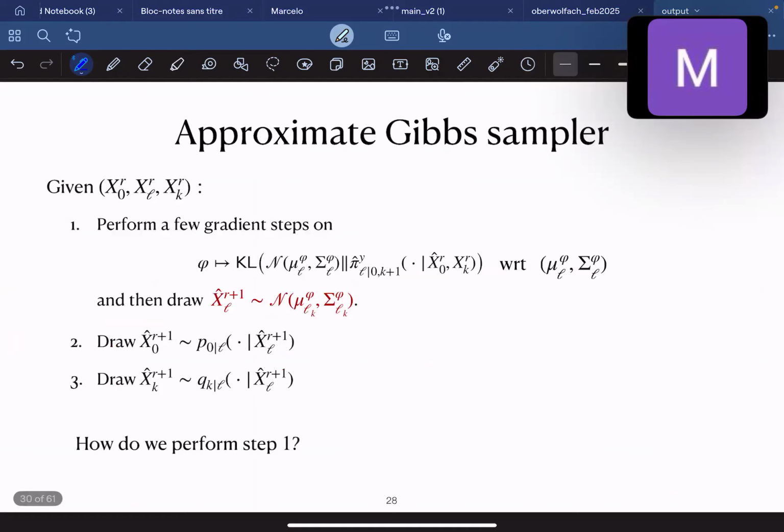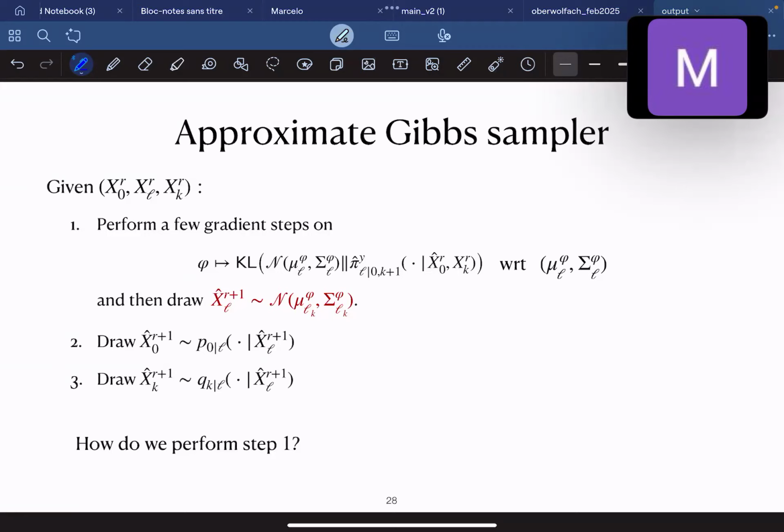And so to approximate this conditional, we take a variational approach, and at each iteration we consider a Gaussian approximation.